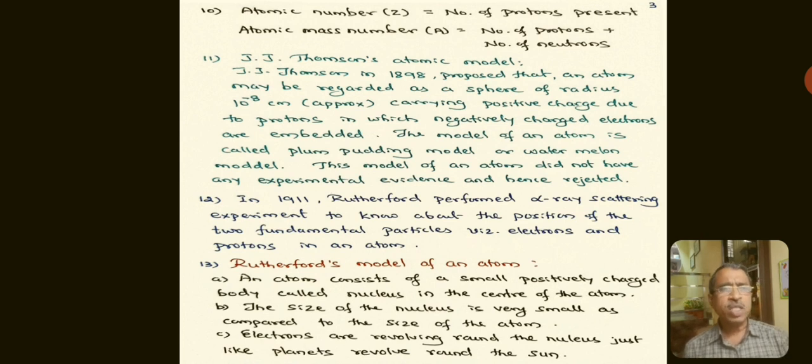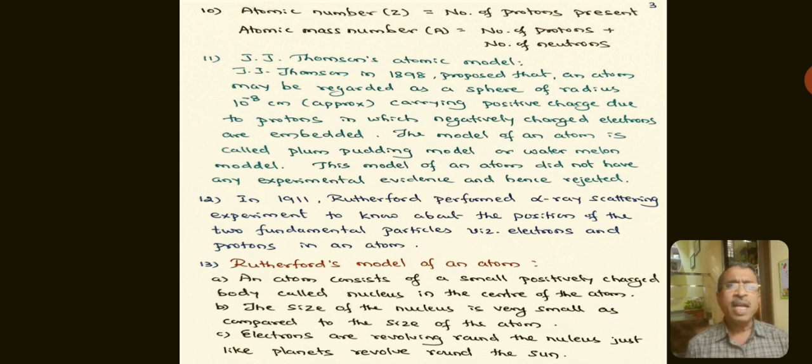Now coming to the atomic theories. Of course, we have studied the first atomic theory given by Dalton. Later on, the scientist J.J. Thomson, after the discoveries of the electrons and protons, proposed his model of an atom.